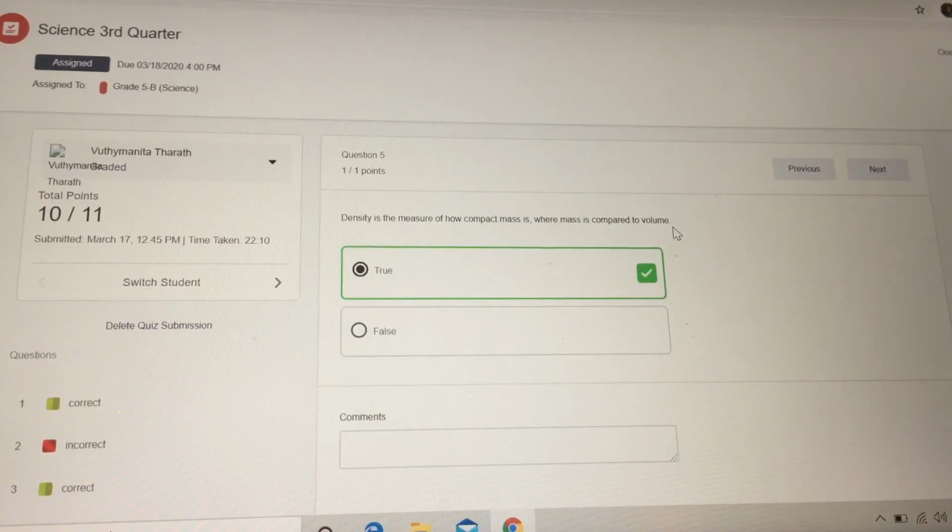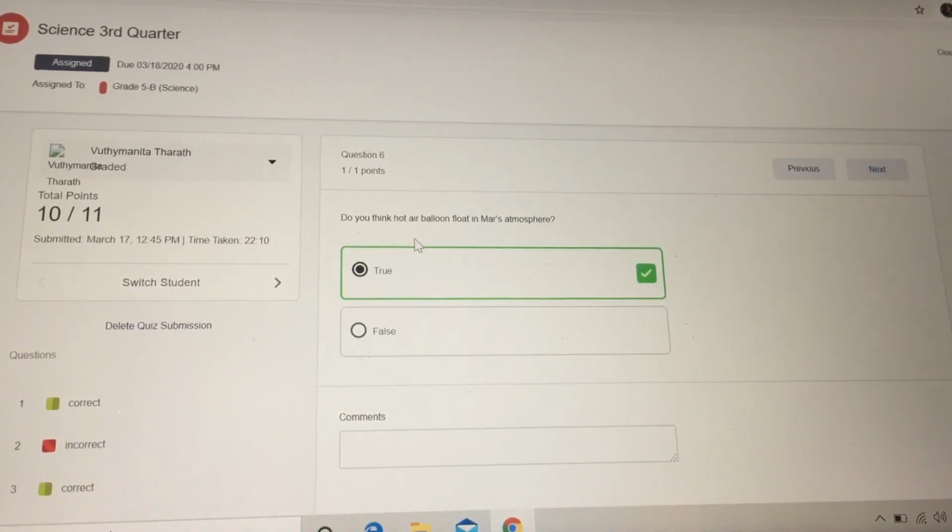You can say that a stone is denser than a plastic bottle because the stone has a more compact mass than the plastic bottle. And if you throw both together onto the surface of water, what will sink is the stone, because the stone is denser, or heavier in mass, compared to the plastic bottle. If you have any questions about this, you can just message me or comment below.